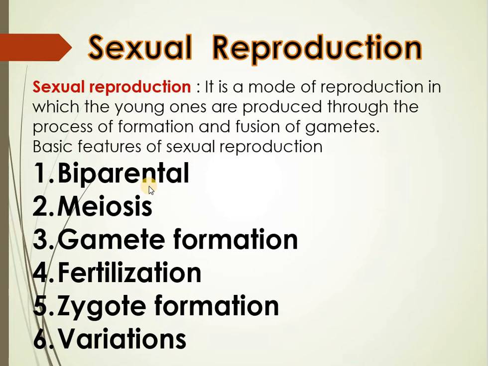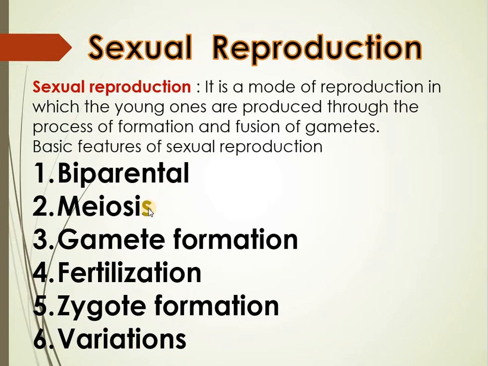There is a male parent bearing the male sex organs and a female parent bearing the female sex organs. Such organisms are called unisexual. However, most plants and some lower animals bear both the sex organs and they are known as hermaphrodite.